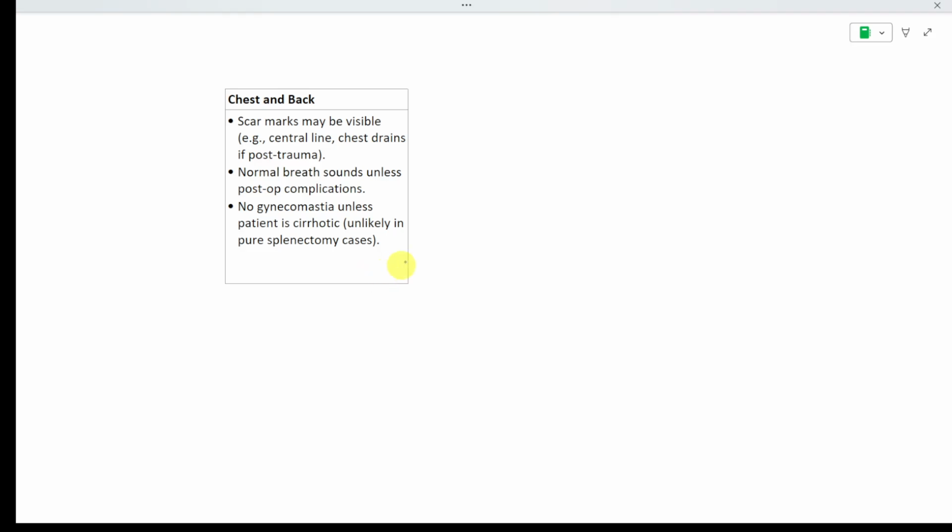Also look for the scars of chest drains, central lines, that would show that the splenectomy was mostly due to some trauma. So again, you have to find out all these findings. You have to make sense at the end of what it could be. So the more findings you find at each of these stops, the better your differential diagnosis will be.